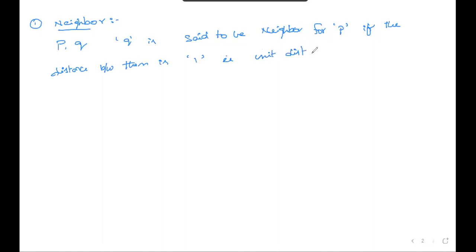Unit distance pixels are called neighbors.